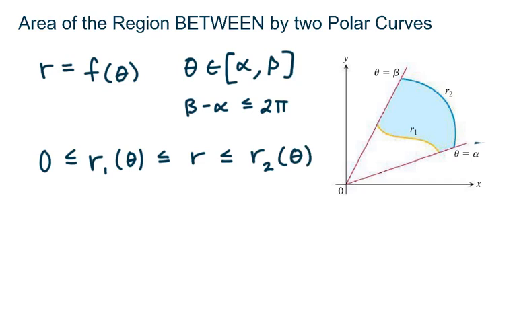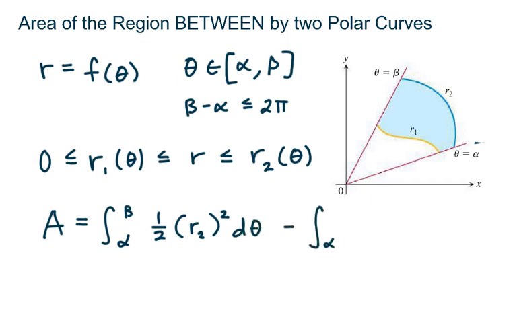The way we can define this is that area A equals the integral from alpha to beta of 1/2 r sub 2, the outer function squared, d theta, minus the integral from alpha to beta of 1/2 r sub 1, the inner function squared, d theta.